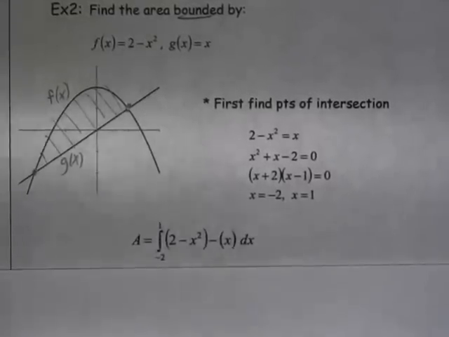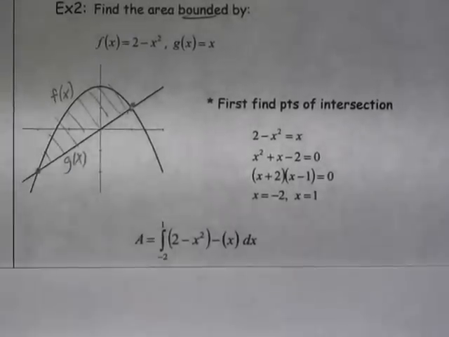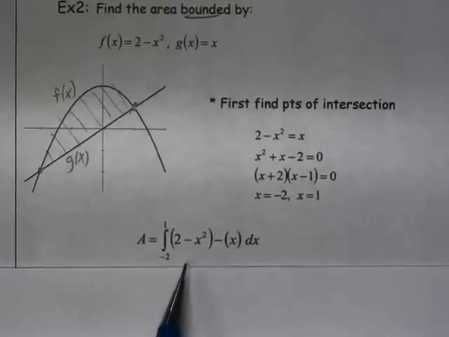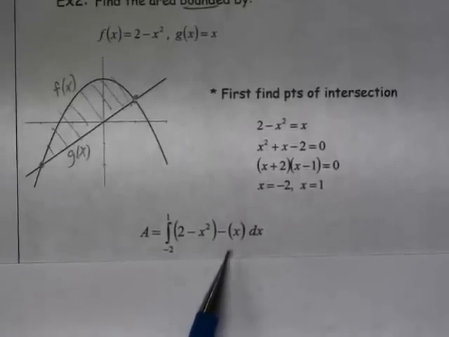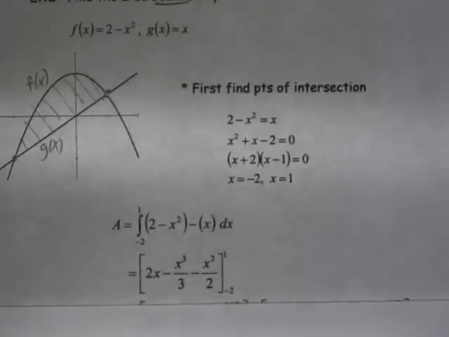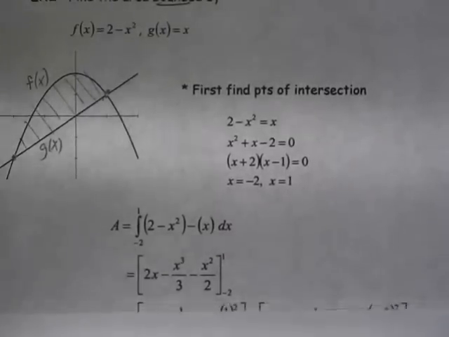So we find these points of intersection, and once we do that, this is a pretty easy problem. We go, okay, well, we have to integrate from -2 to 1, and we do f of x minus g of x, the top function minus the bottom function. We do that, we find the antiderivatives. We evaluate those at 1 and at -2.